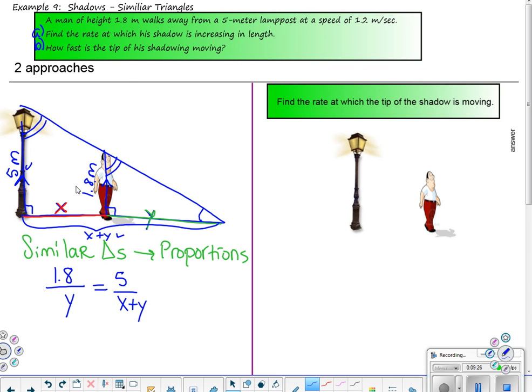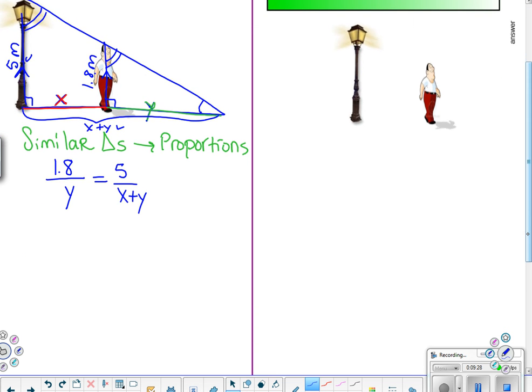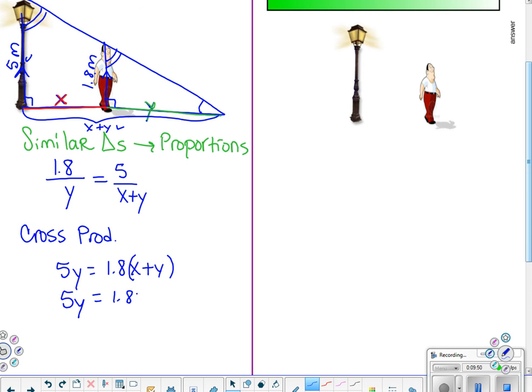Now let's work a little bit of the proportion magic. Let's do the cross product on this, that way I don't have to start delving into the quotient rule. So I get 5y equals 1.8 times (x plus y), parentheses around that to keep working. 5y equals 1.8x plus 1.8y.